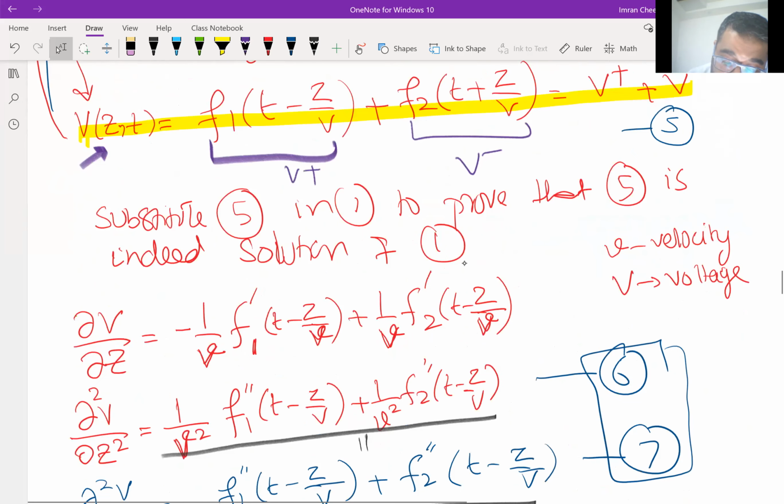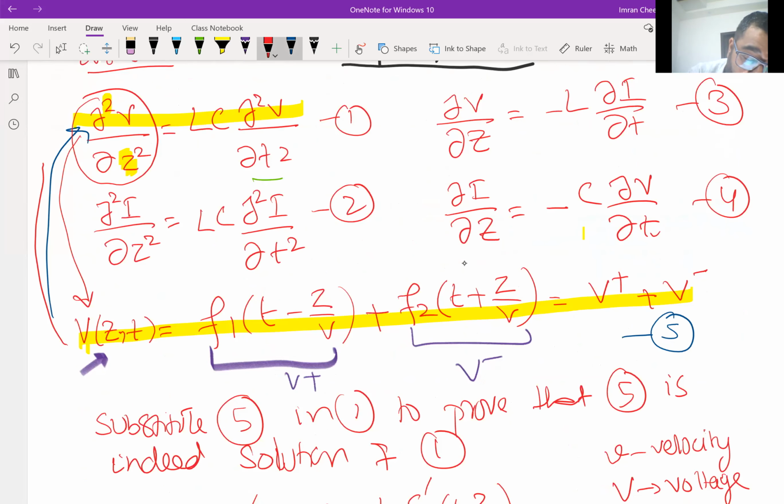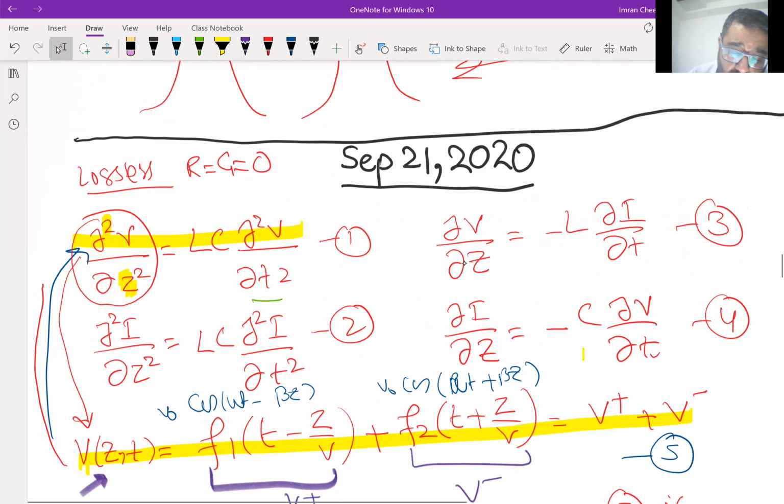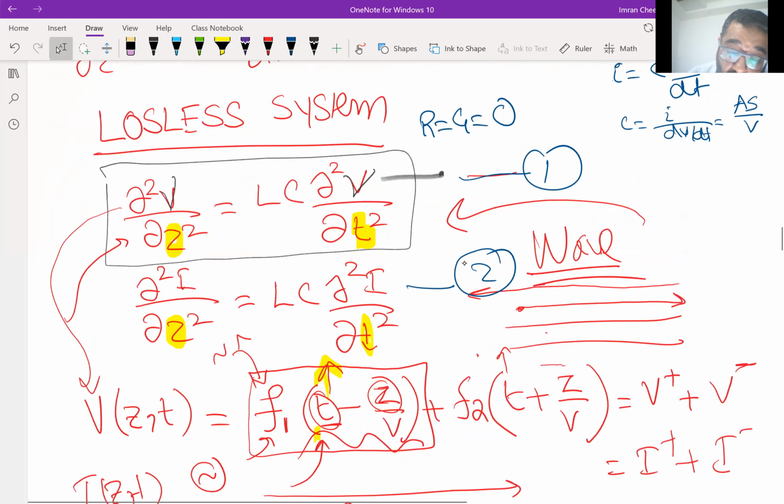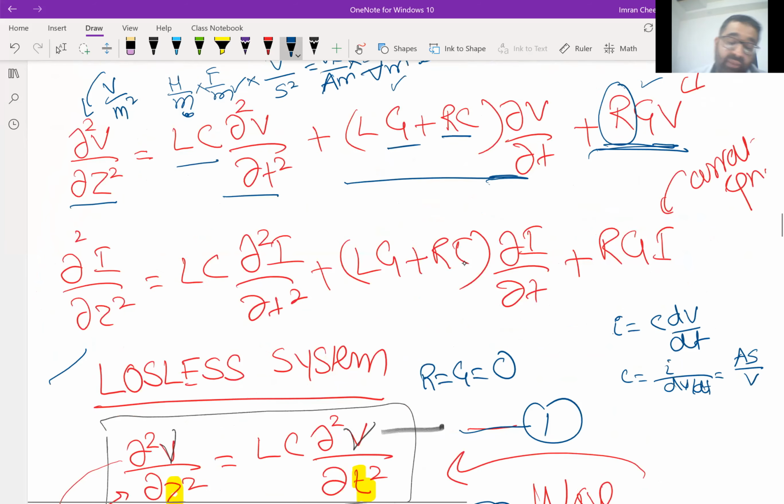When I talk about sinusoids, this would be cos omega t minus beta z plus cos omega t plus beta z, right? Now, if I try to solve equations like these in the time domain, things would be very complicated. Things would become messy. Things would become intractable in many cases.